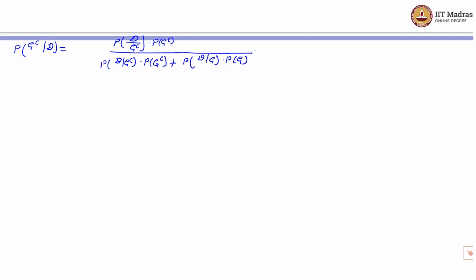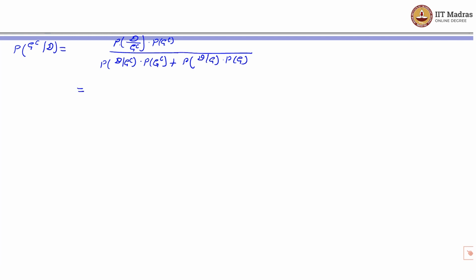So by the Bayes theorem, I can write probability of G complement given D as P of D given G complement into P of G complement upon P of D given G complement into P of G complement plus P of D given G into P of G. All the values are given to us.